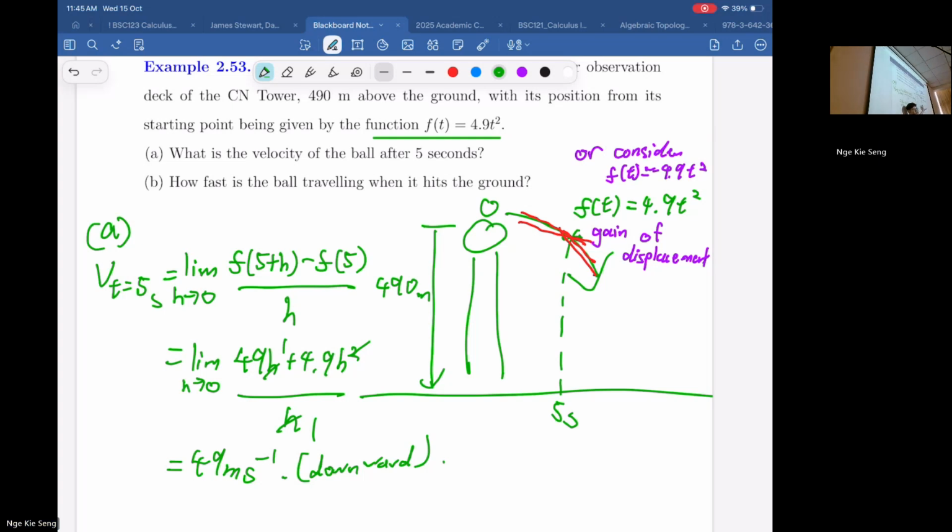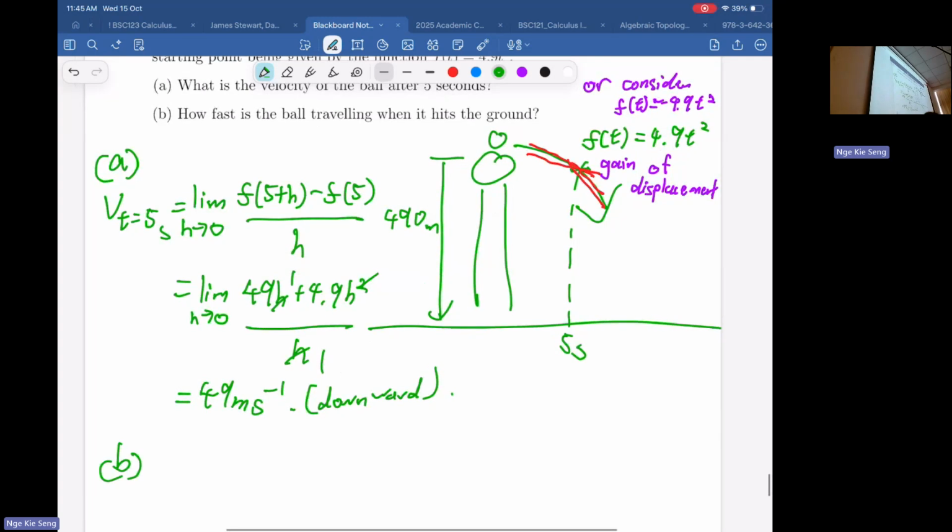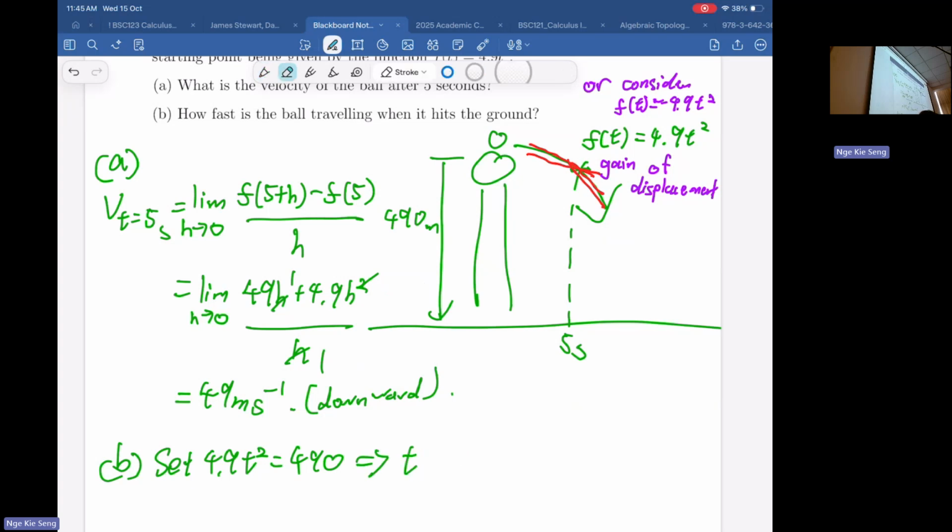So that's why people set this as positive, so it's easier to describe this situation. The first thing is you set 4.9 t squared equal to 490, and then you find the t when the ball hits the ground. Actually, it's plus or minus 10 seconds. Could it be minus 10 seconds?